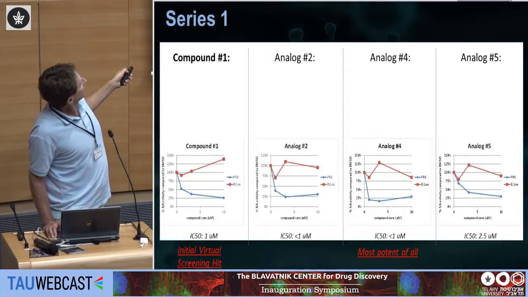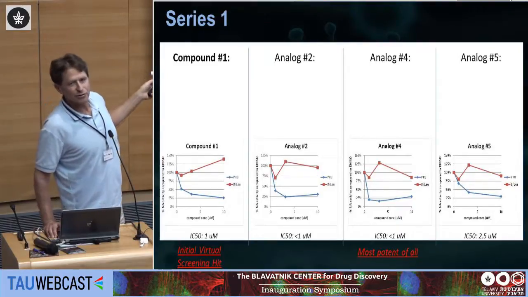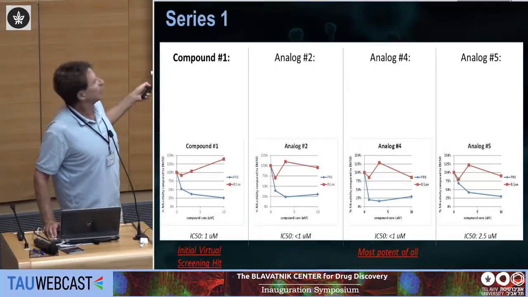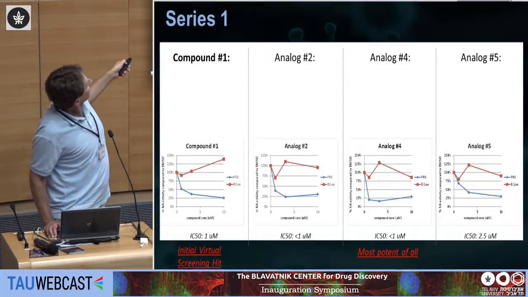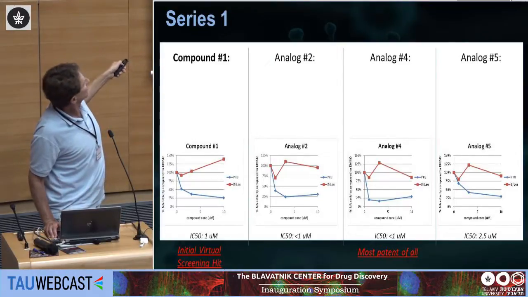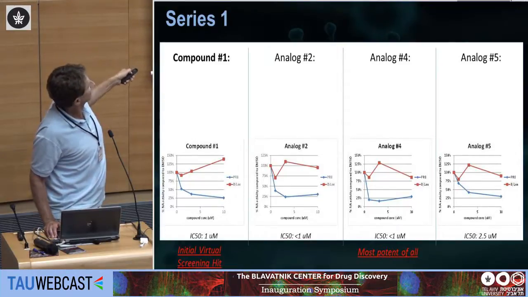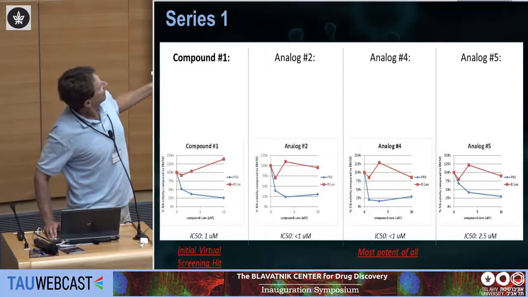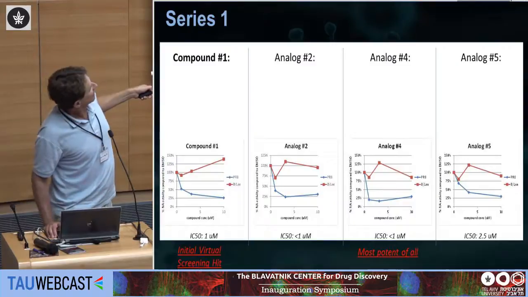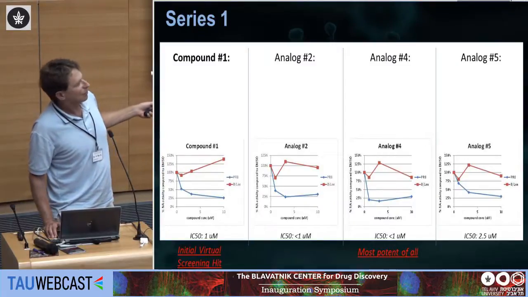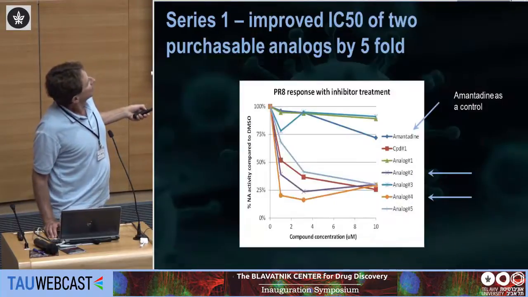This in red is the BLE. That should not feel the compound, and it essentially doesn't. That's the PR8 that should be sensitive to the compound, and it does, as you can see. And these are analogs, so analog number 2 and so forth. And you see that they are all active. They all inhibit.